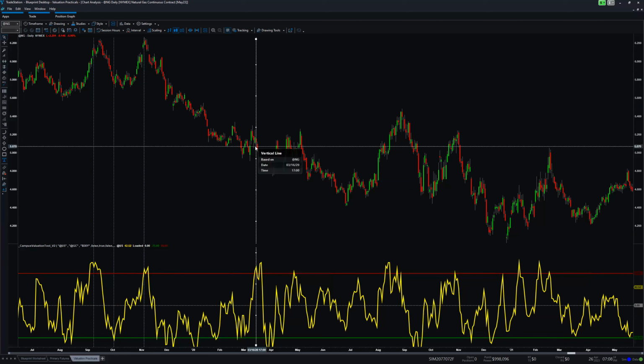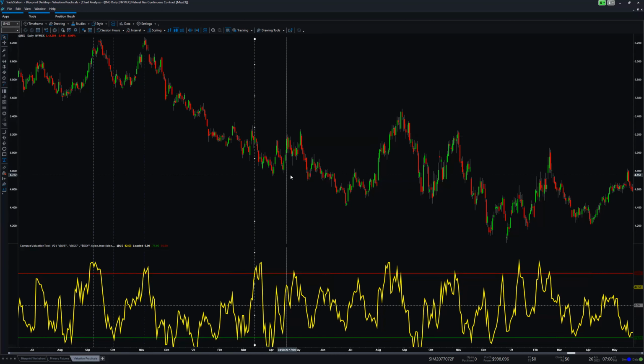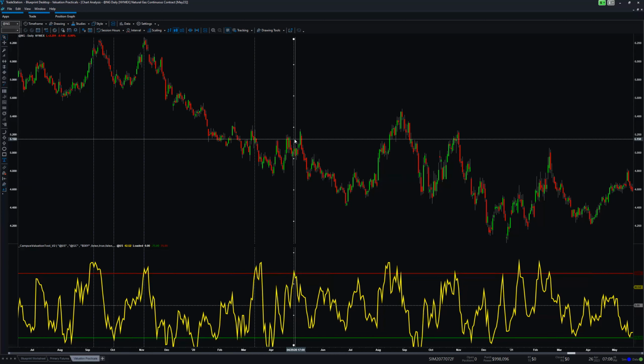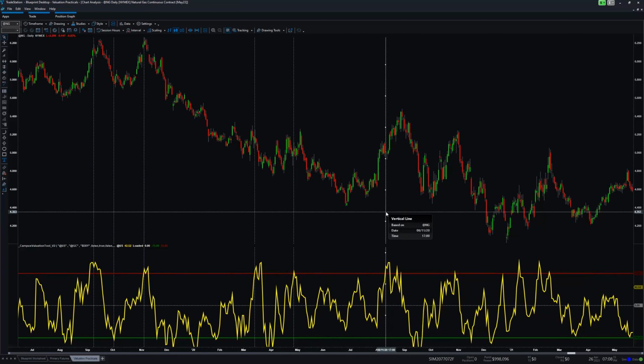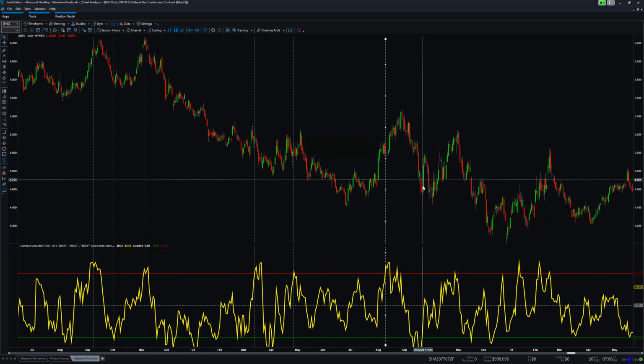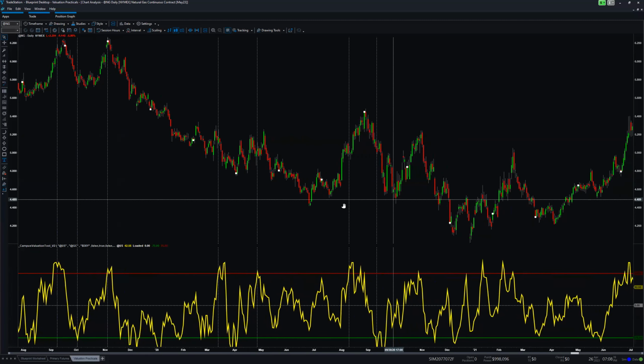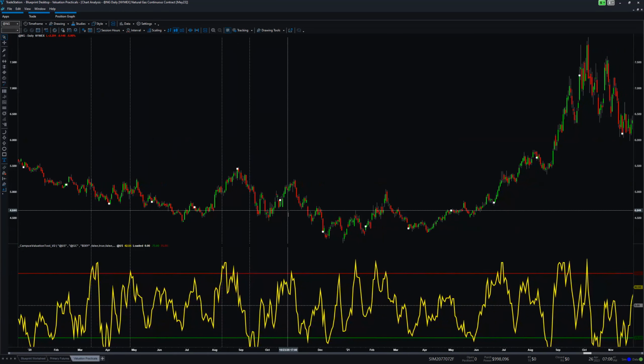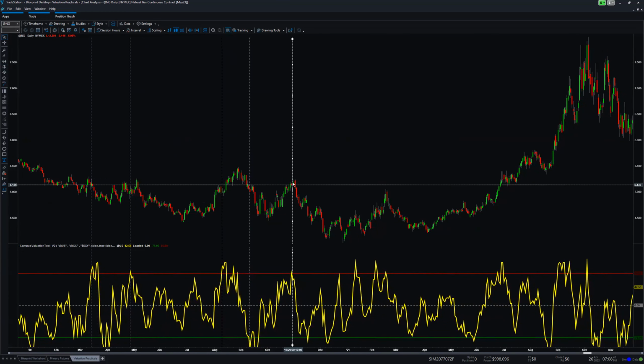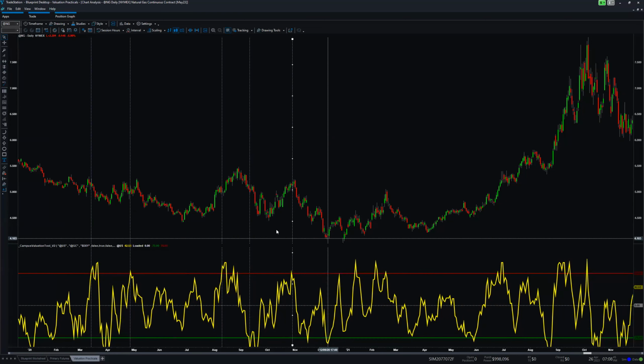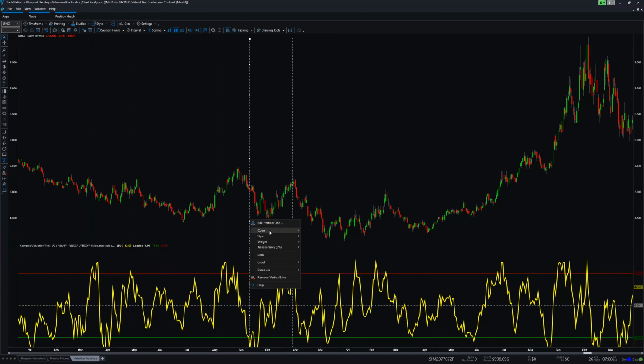Then we look at the overvalued readings, bang on, decline, overvalued, bang on, decline, overvalued, slightly too early, but then eventually bang on, decline, undervalued, too early. Doesn't work. Overvalued here again, bang on, decline. So two times where it didn't work.